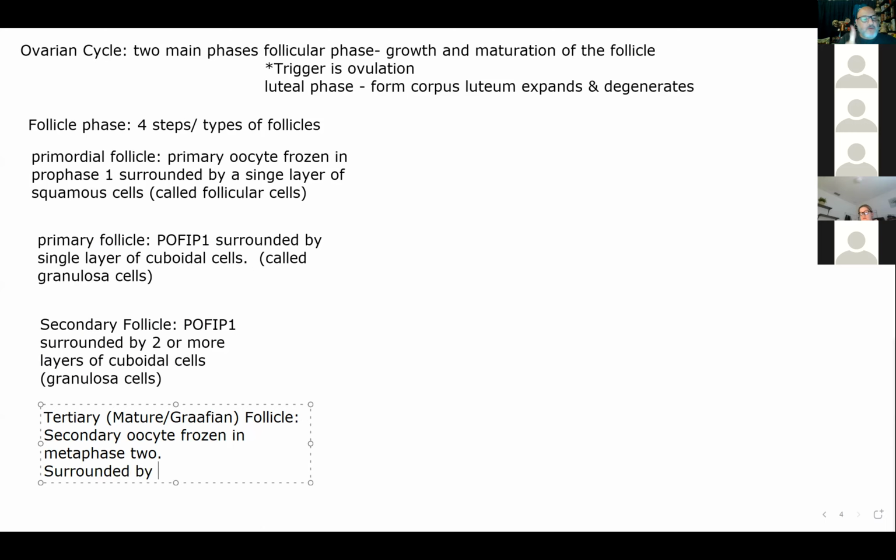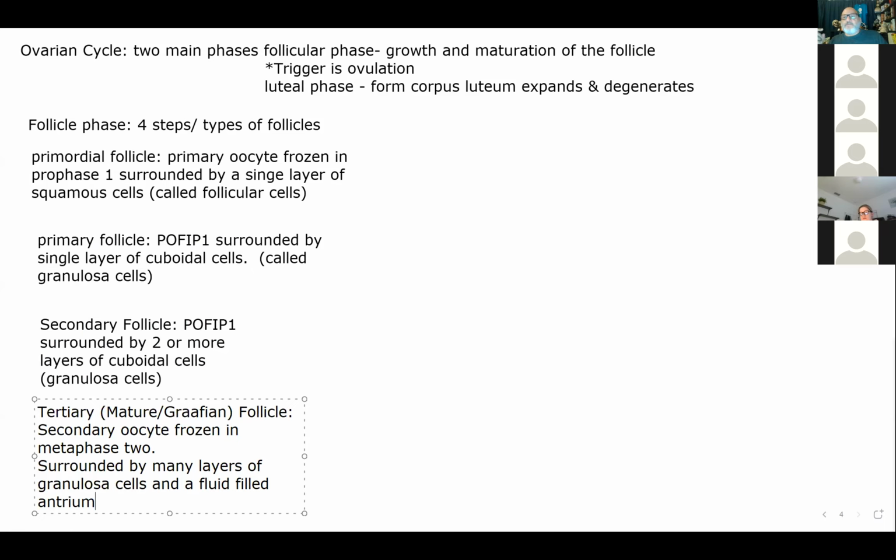Well, okay, so I like where you're going with this. It is surrounded by many layers of granulosa cells and a fluid-filled antrum, which is definitely how we distinguish it. However, be careful.